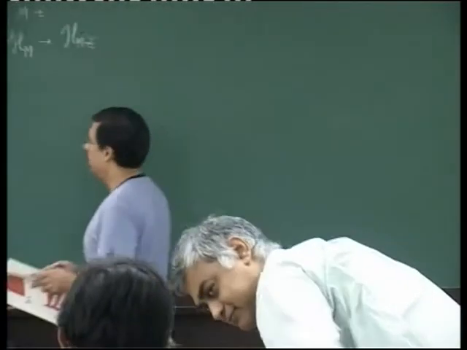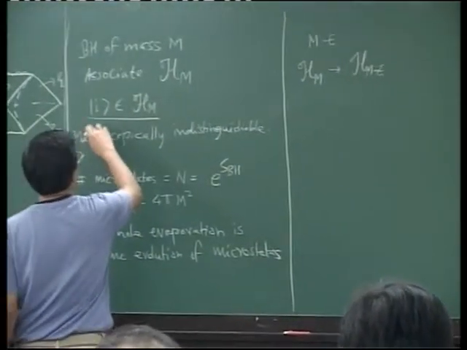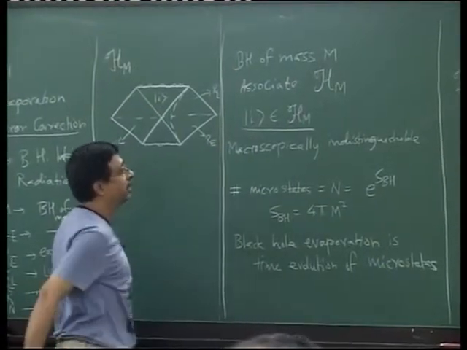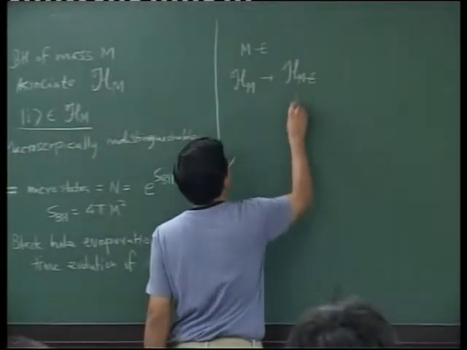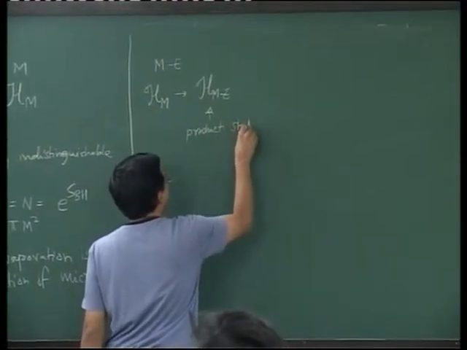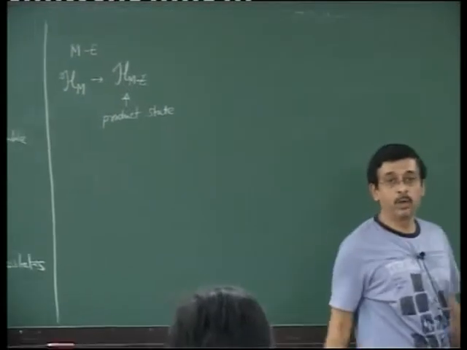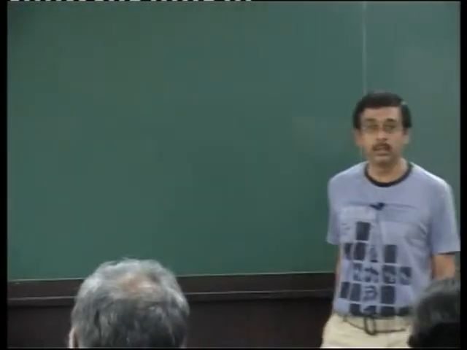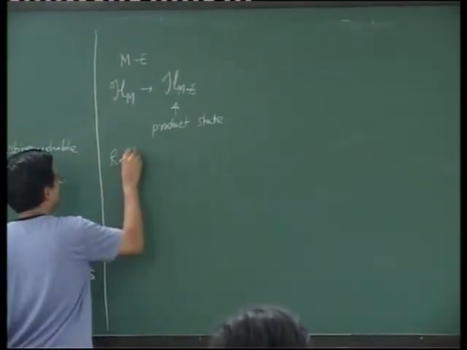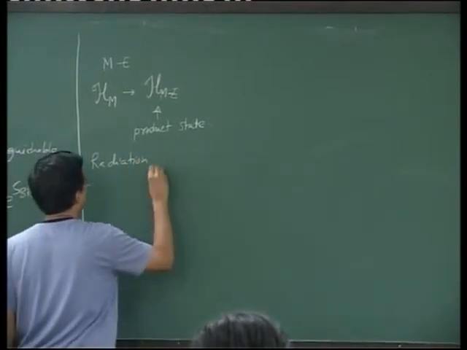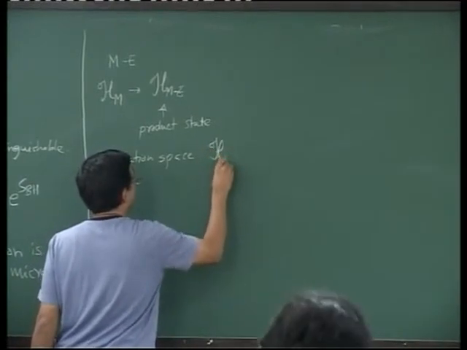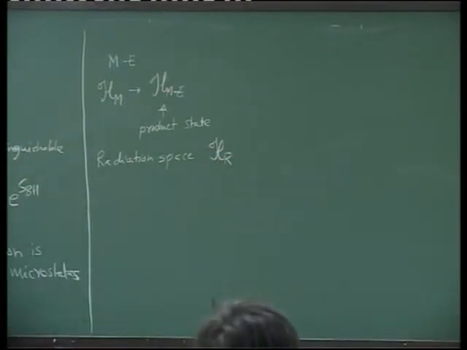Now clearly, if initially the black hole was in a pure state, suppose the black hole of mass M is in precisely this state, then here it would be in a product state: a state belonging to H_{M-E} times a state belonging to the radiation Hilbert space, which is denoted as H_R in general.